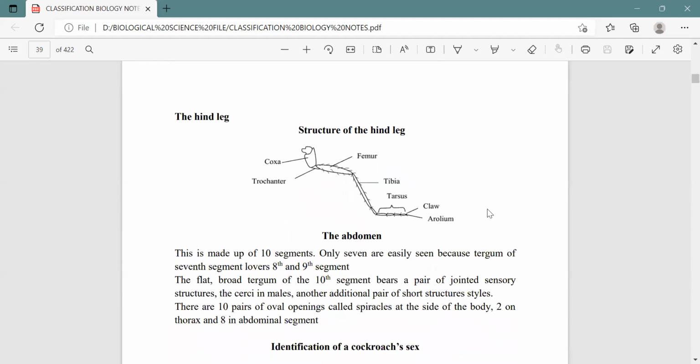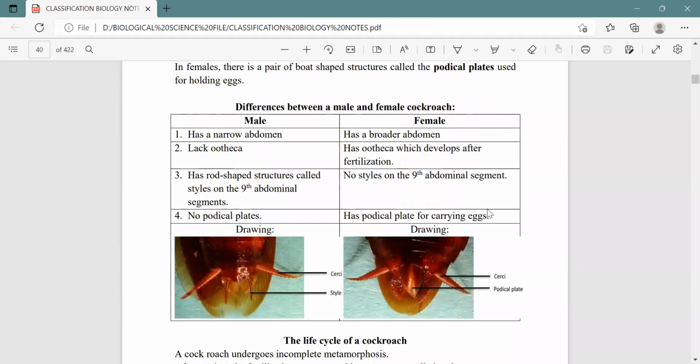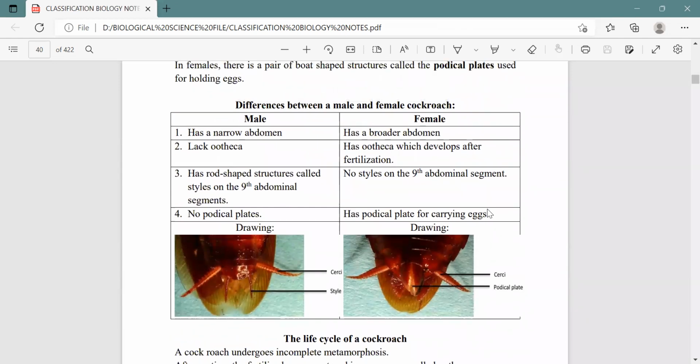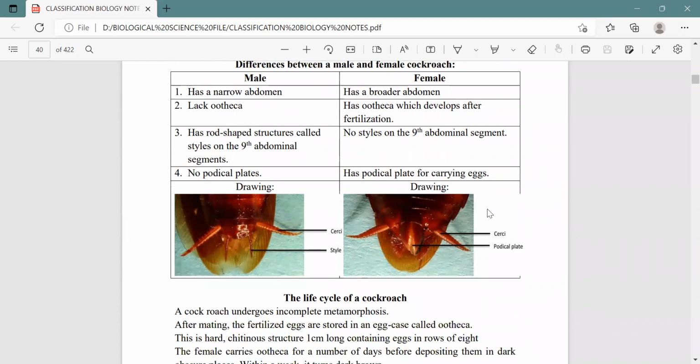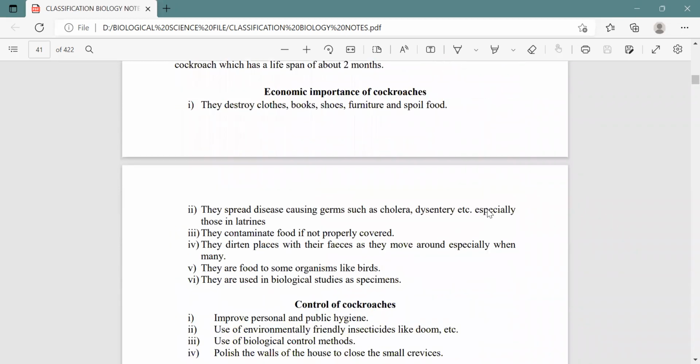So moving on from the cockroach, we can go here. They distinguish for you the male cockroach and the female cockroach, and you are given the economic importance of cockroaches.